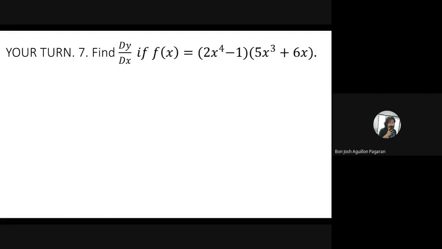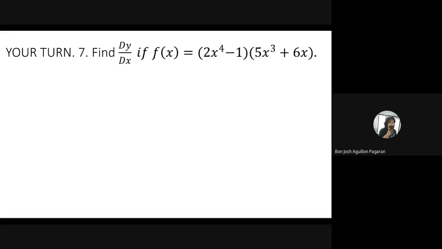minus 15x squared minus 6. Nakalimutan ko yung x. Oo nga. 15x squared lang.